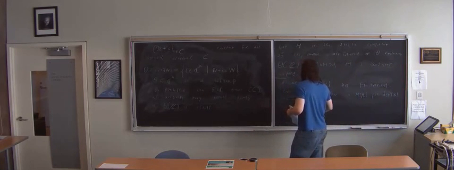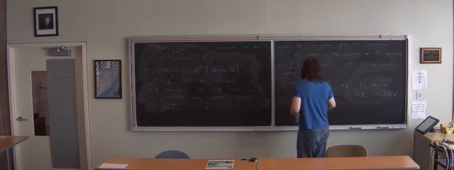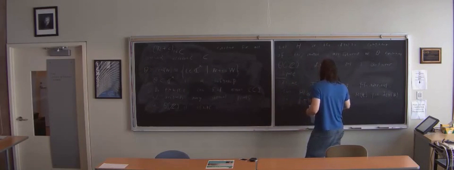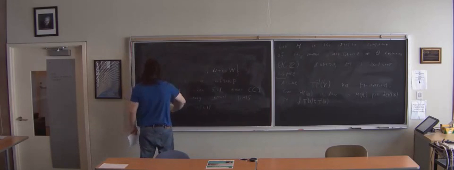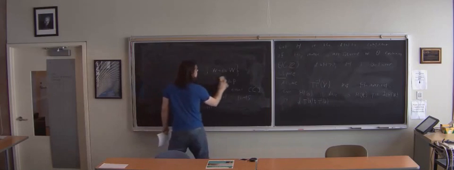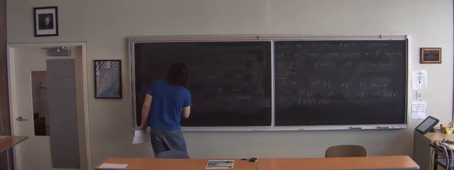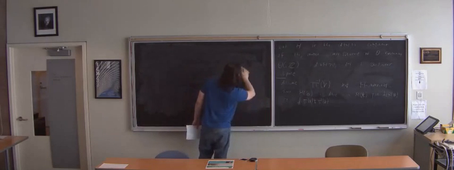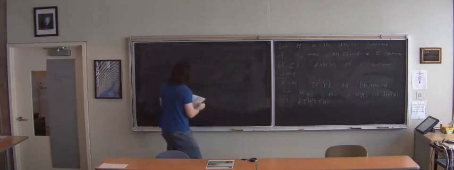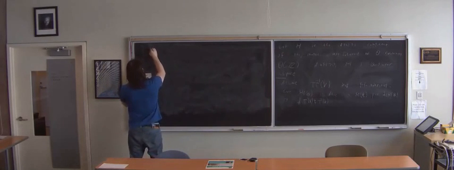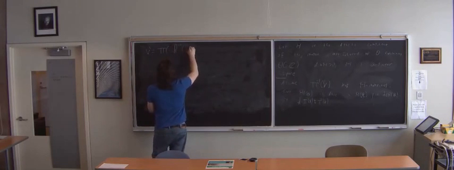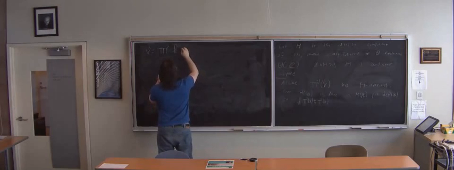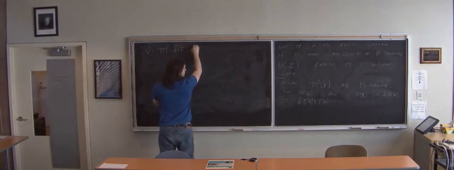such that little h plus pi inverse V, I apologize, is not equal to pi inverse V. Okay, and so now define V prime to be pi of H plus pi inverse V. Sorry, this is plus, right?